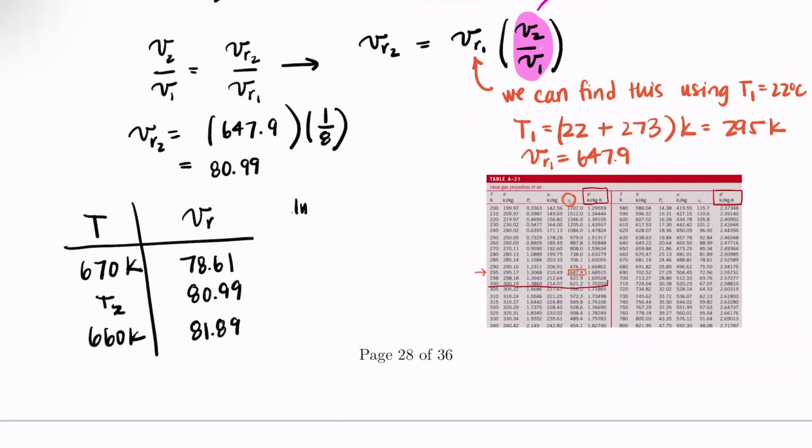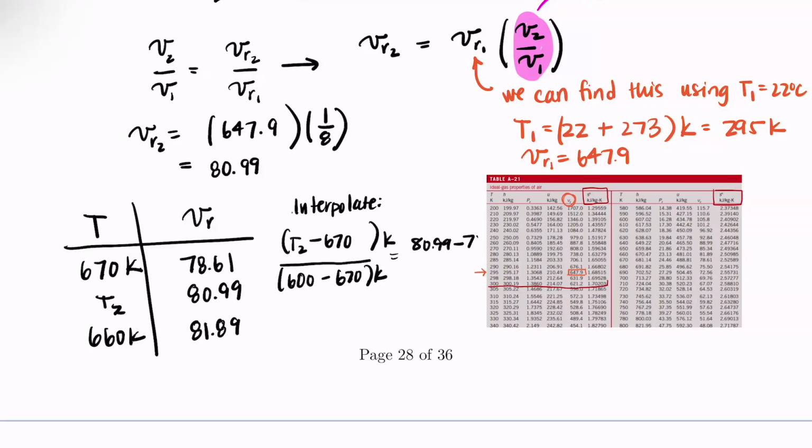So interpolate. I have T2 minus 670 divided by 660 minus 670, and this is equal to 80.99 minus 78.61 divided by 81.89 minus 78.61.